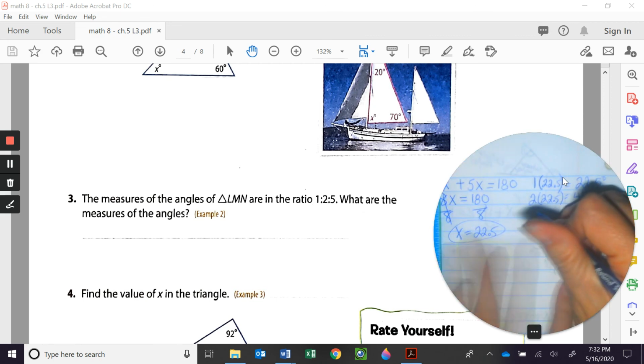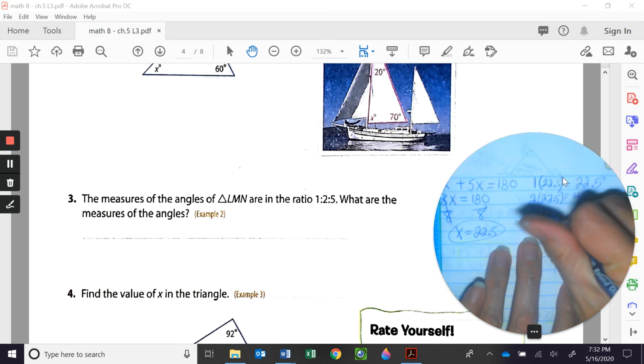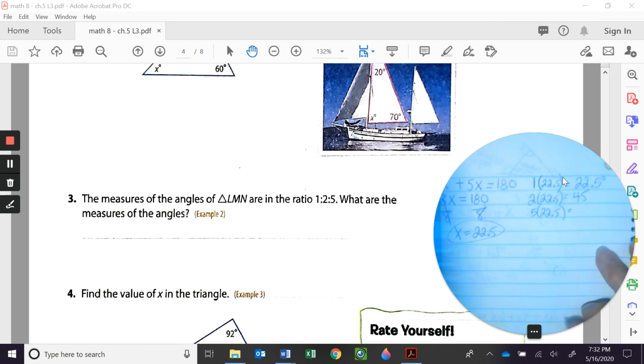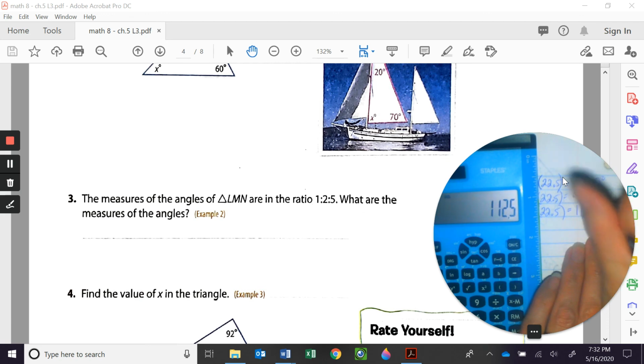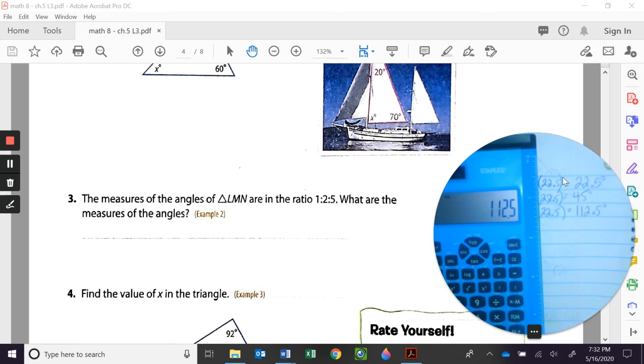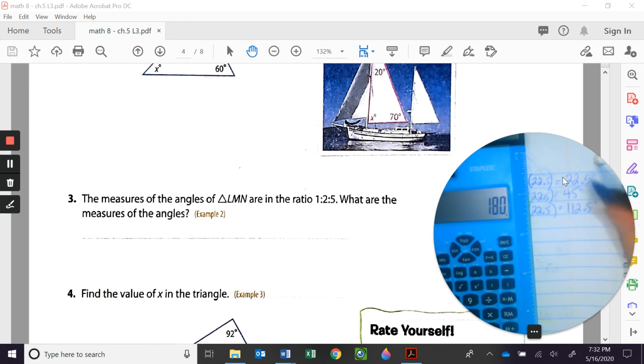And then we get 5 times 22.5. So 5 times 22.5 is 112.5. Then we can just double check that that equals 180. So plus 45 plus 22.5. And there's your 180. So we know that this is correct. We're good to go.